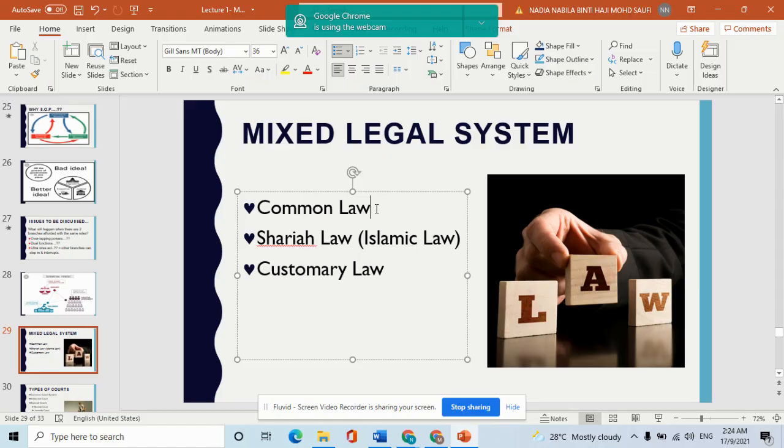Then Sharia law, Islamic law. Why? Because Islam is the biggest religion here in Malaysia, and also it is our official religion. Next, customary law. Customary law means that in Malaysia, we are still holding strong to our customs.